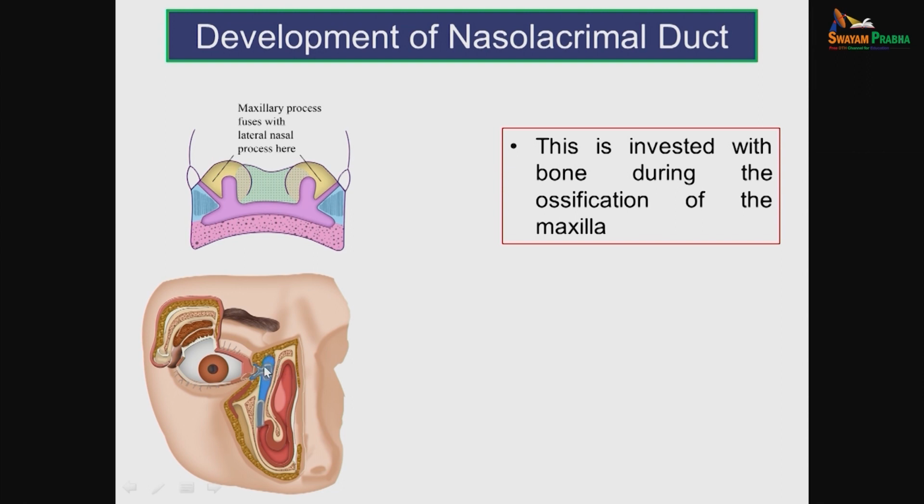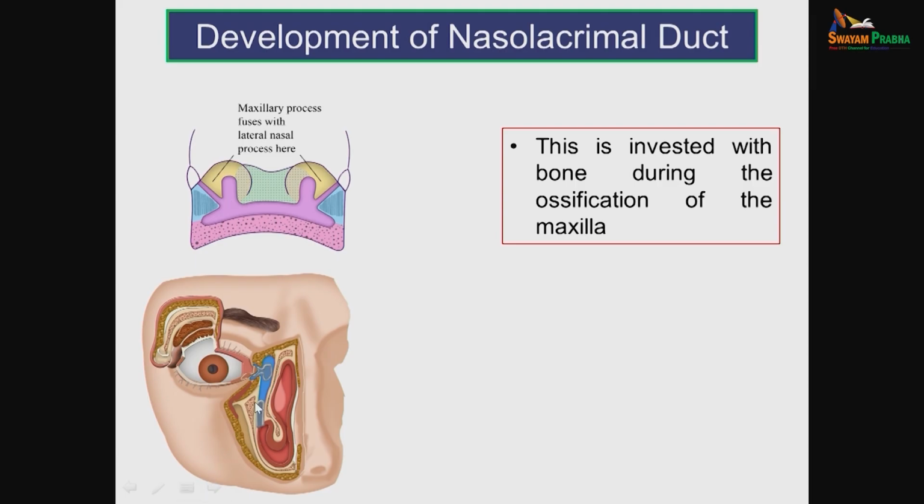This nasolacrimal duct is invested by bone during ossification of the maxilla. Compare the position of the nasolacrimal duct during development and in the adults. The nasolacrimal duct extends from the medial angle of the eye to the stomodeum, and this nasal pit later on separates from the stomodeum, and hence the nasolacrimal duct will open into the nasal cavity.